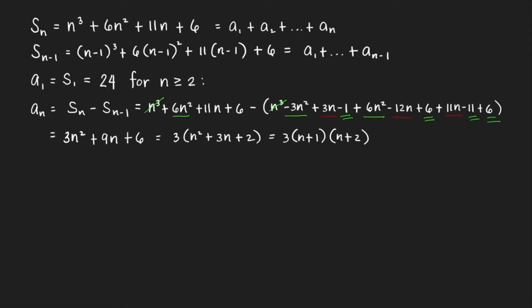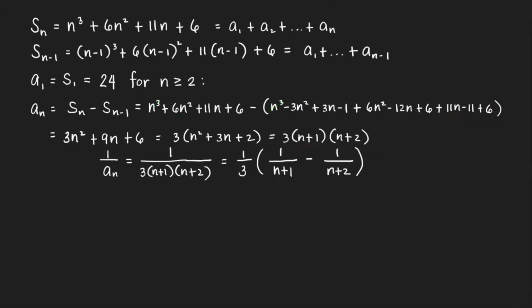Factoring out the greatest common factor 3, we'll get 3 times n squared plus 3n plus 2, which can be factored to n plus 1 times n plus 2. Therefore, the reciprocal of this is 1 over 3 times this expression, and we can factor out this 1/3 here.